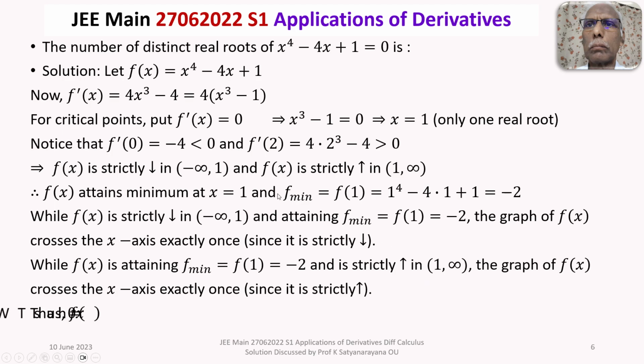So, from this analysis, we conclude that f of x is equal to 0, the equation, has two real roots. Where are these two real roots? One real root is in minus infinity to 1, and the other real root is in 1 to infinity.